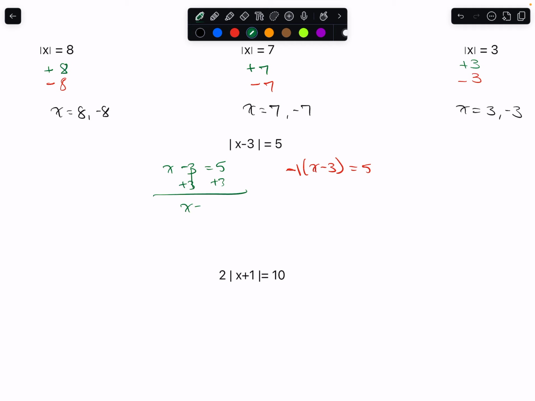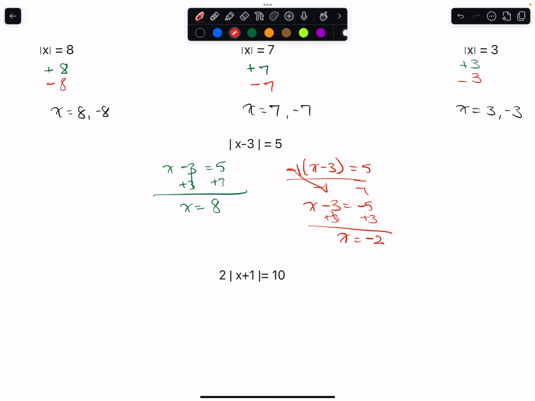Plus 3 on both sides, x equals 8. Working on your negative side, the -1 is not attached to the x the same way the 3 is. So you divide both sides by -1 because it's opposite. Then you have x minus 3 equals -5, plus 3 on both sides, x is equal to -2.